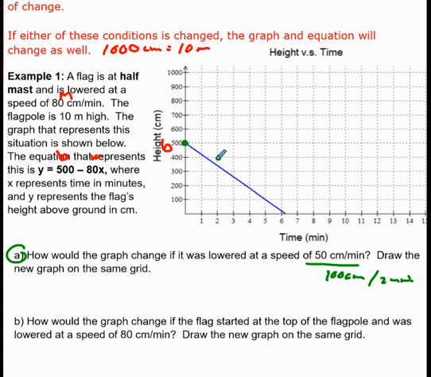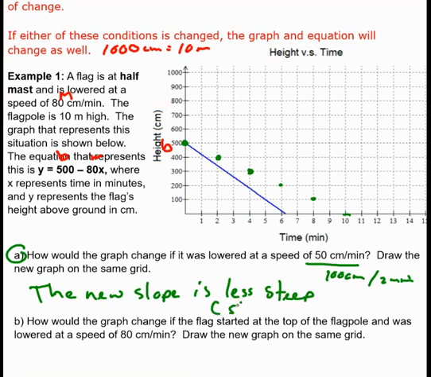If you just keep doing that, down 100 over 2, down 100 over 2, then we can start to see, look, it's less steep because it's a slower rate than 80. So the new slope is less steep.